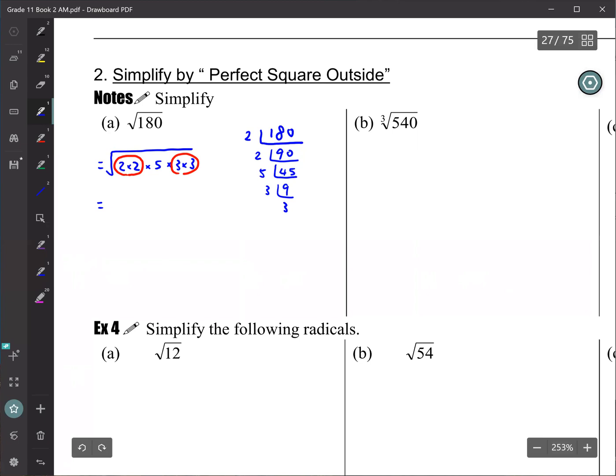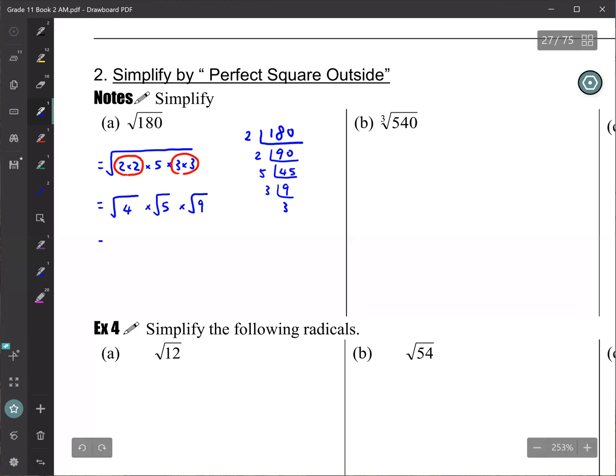So if it's multiplying, we can split up the square roots, okay? So it becomes square root of 4, because 2 times 2, square root of 5, and square root of 9, 3 times 3. I split up into the 3 of them because you have 2 perfect squares inside and 1 of them is not.